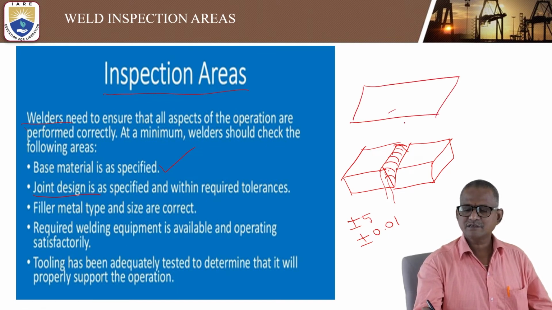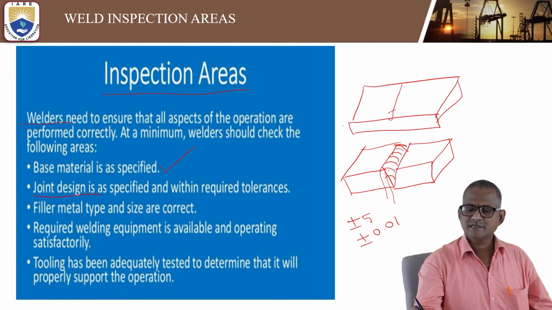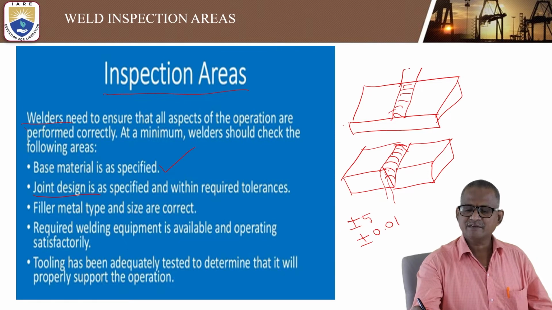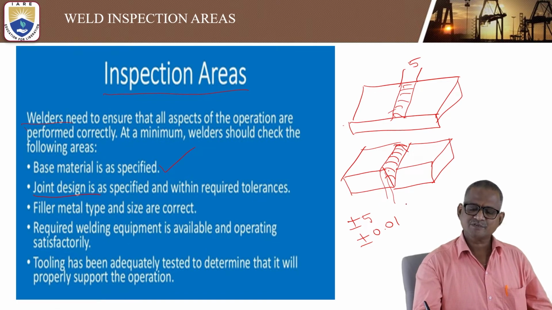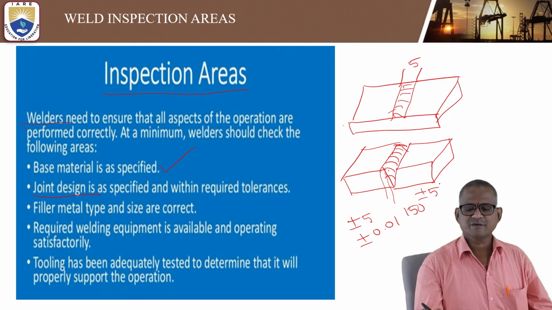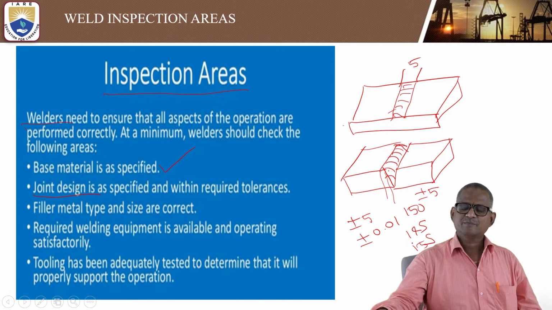Okay, so this is the final joint design component. In this case, welding can be performed, and this distance should be maintained. So 5 mm. 5 means approximately, if you see 100 plus or minus 5 mm, so either 145 or 155 at maximum.